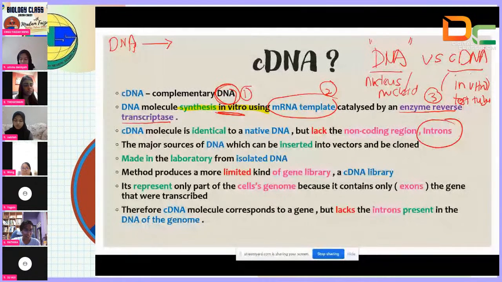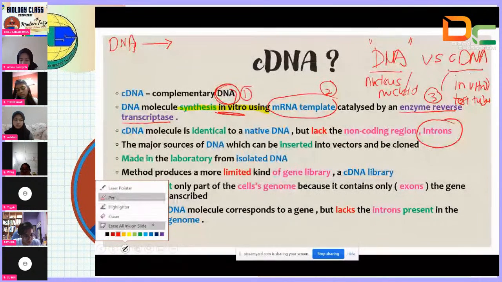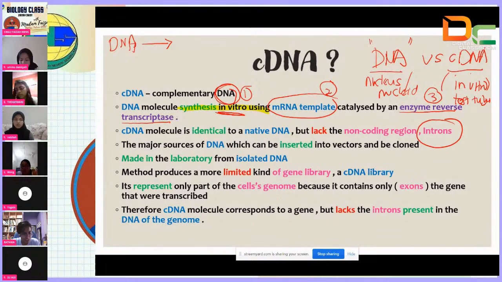Central dogma is a framework for understanding the flow of genetic information between DNA, RNA and protein in living organisms. That is the definition, but teacher wants you to summarize the concept so it can be applied here. DNA, what is the process, Ratika?